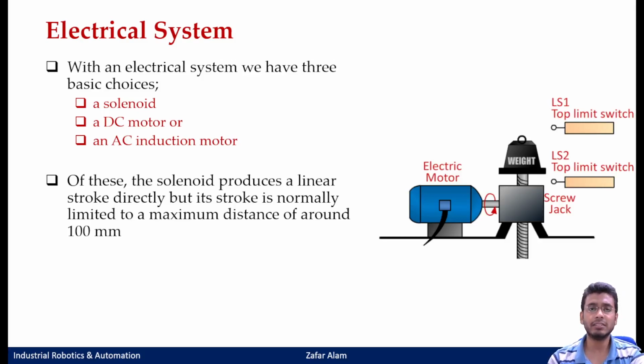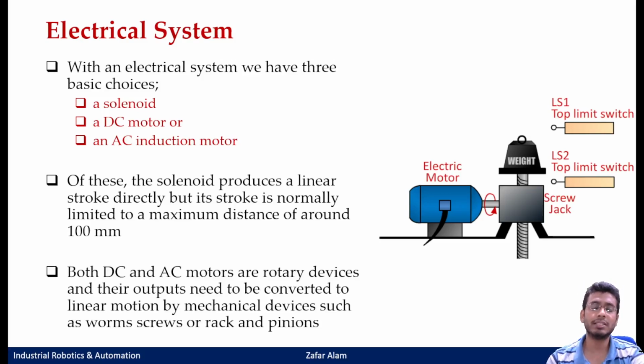The second option is your motors. So you have your electric motors, but since the load has to be lifted, what would happen? What is the first limitation of an electric motor? Since it is a rotary device, you have to convert that motion into a linear motion.